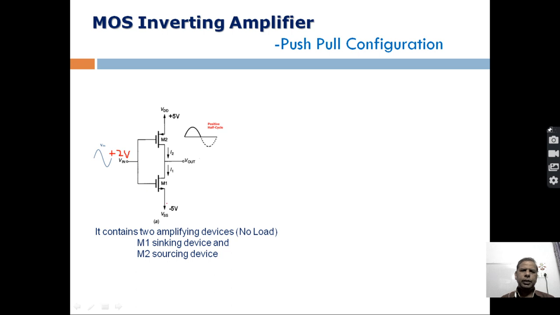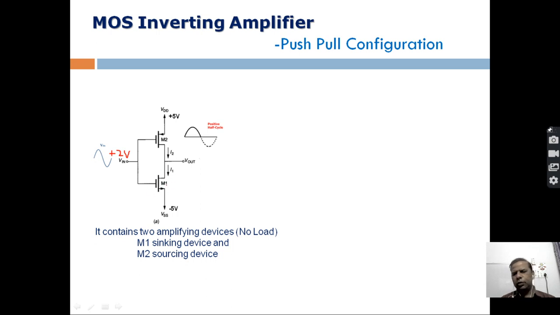So you see here this VSS is connected to -5 volt, and here we have +2 volt. So this potential difference is very large, and this input terminal is at higher potential as compared to the source terminal. So this device is definitely conducting, and a large amount of current is possible through this.